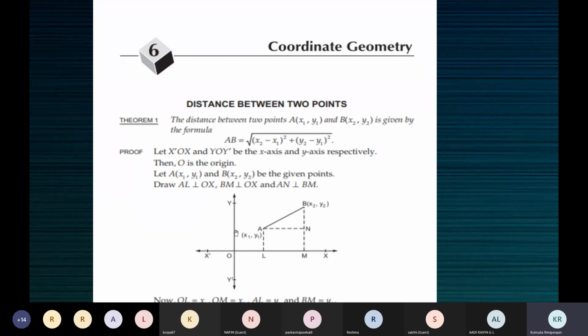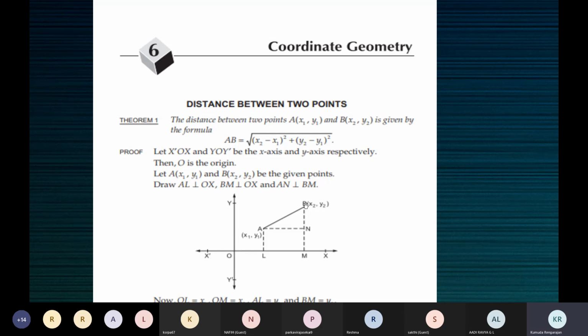I'm taking the addresses of the points A and B. I'm calling B as 10, 8 and this one as 3, 4. That means it will be 3 from here to here and 4 from here to here.